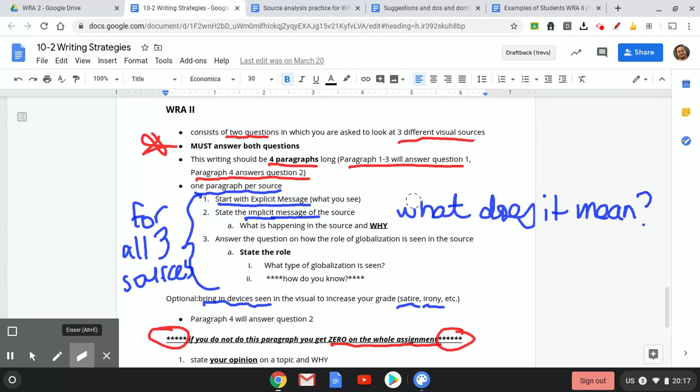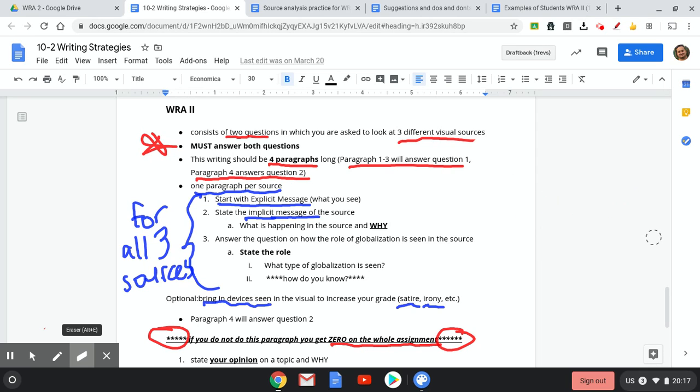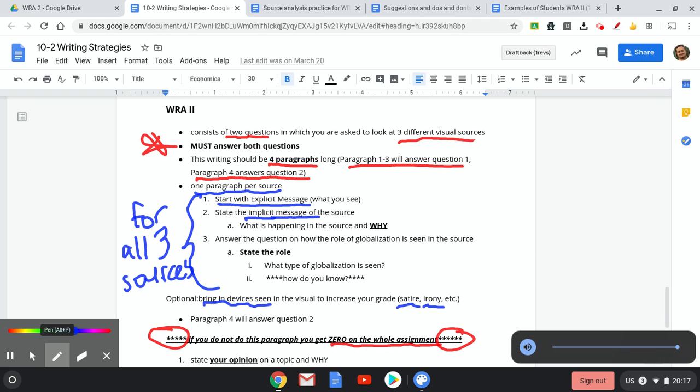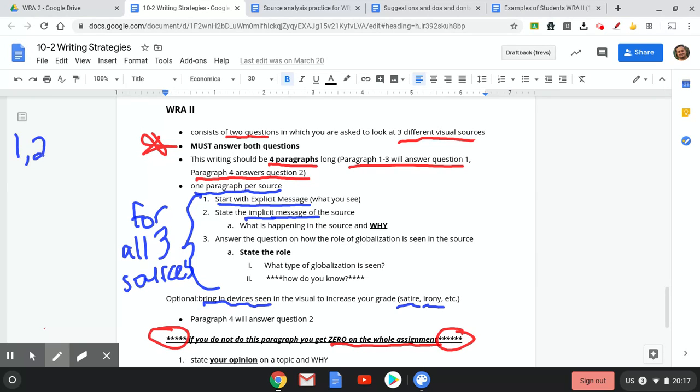Now, part of this too is that I want you to remember a source analysis. What you're doing is you're showing that you understand what the source is saying. If this is a political cartoon, what is the cartoon supposed to mean? So when you're doing paragraphs 1, 2, and 3, it's not what you think.